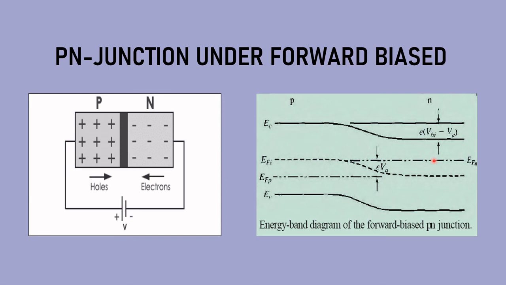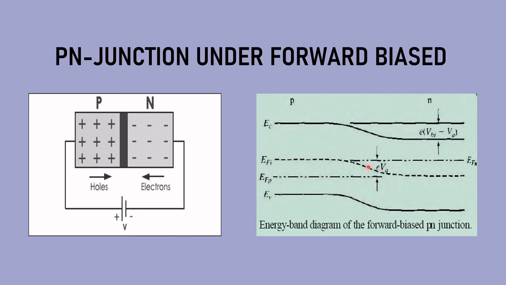So EFN lies at a higher energy than EFP on the p side, and this is due to the applied voltage VA, the applied forward bias voltage.